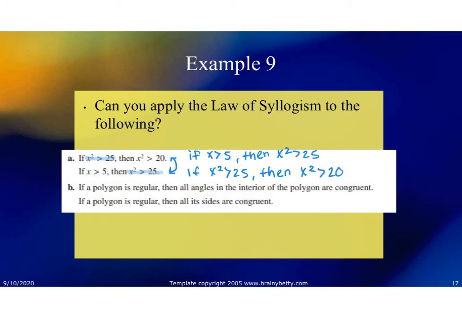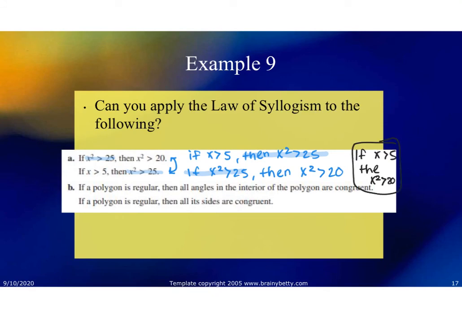So now we can go ahead and highlight them again. And we're golden. So they match up in the way that we're used to. The law of syllogism can be applied, and we can rewrite this as if x is greater than 5, then x squared is greater than 20. And that is our final result.